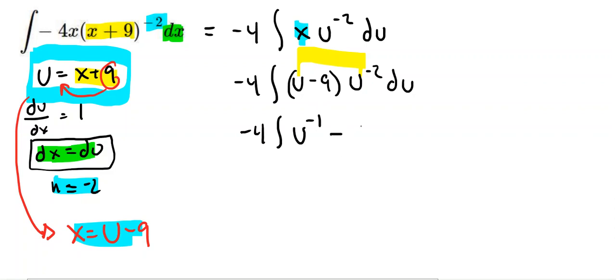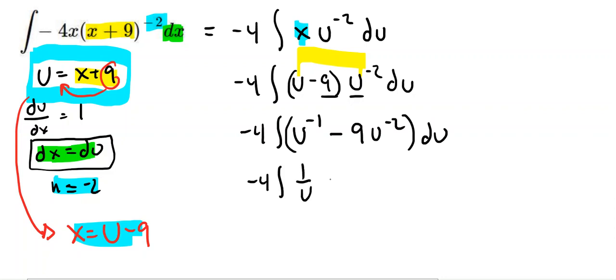And then minus 9u to the -2 by multiplying these two terms together. All of that times du. And you may want to rewrite this as 1 over u minus 9u to the -2.